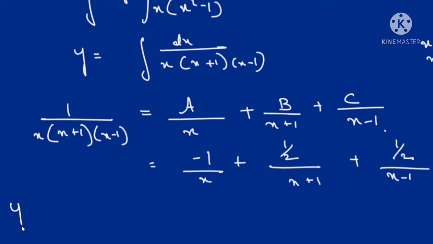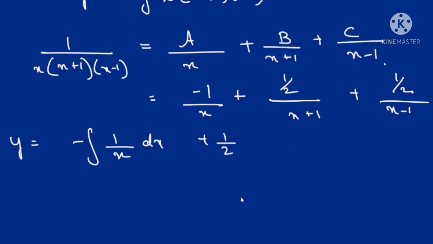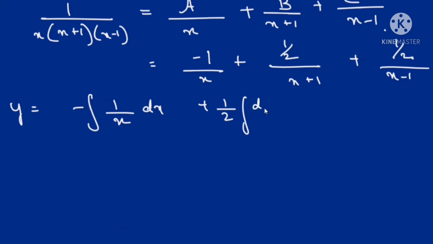So y is equal to, integrate this now: minus 1 by x dx plus 1 by 2 dx by x plus 1 plus 1 by 2 by x minus 1.